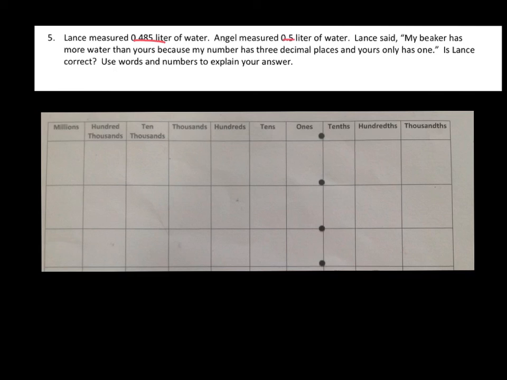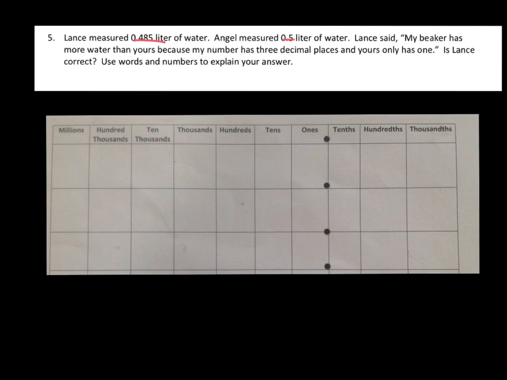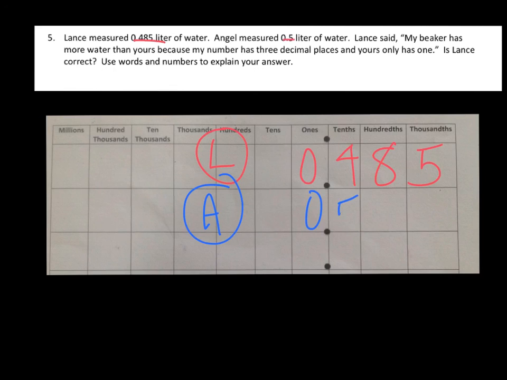Alright, let's see if Lance was right or not. I'm going to use my place value chart because it's a lot easier to see. Okay, so this is Lance. Good old Lance. And we have Angel, who measured 0.5 liters of water. And I'm just going to put the zeros just to hold the places.